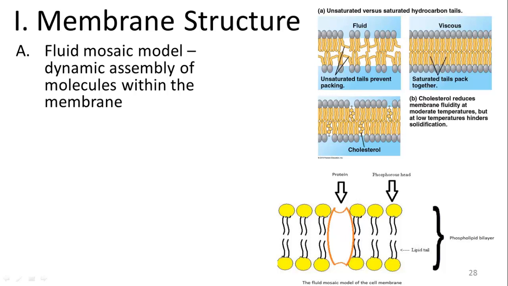Fluid refers to the lipid bilayer as not being static, not just one concrete collection of molecules and compounds, but something constantly moving and changing. And mosaic means there are lots of different things embedded within it.